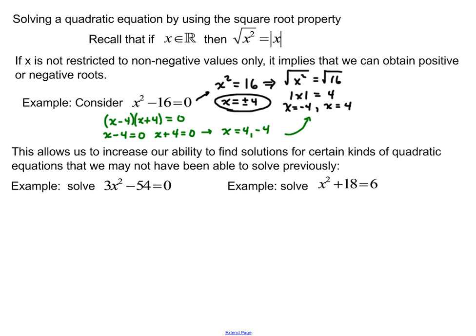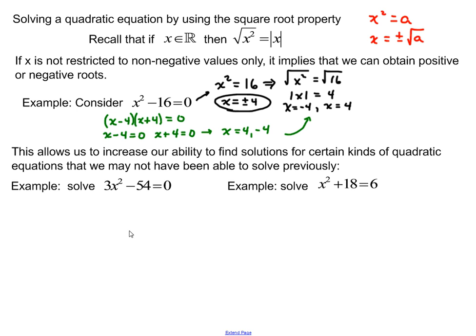So let's do this now with a couple other examples. Let's say we've got 3x squared minus 54 is equal to 0. Well, if we're using the square root property, we're aiming to use the idea that if x squared is equal to some number, then x is going to equal the positive and negative of the square root of that number on the opposite side.